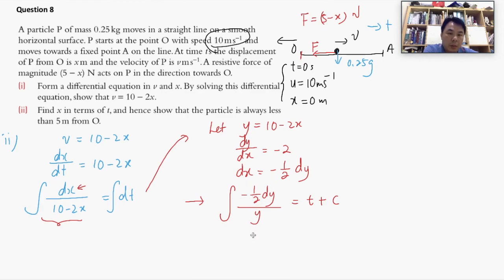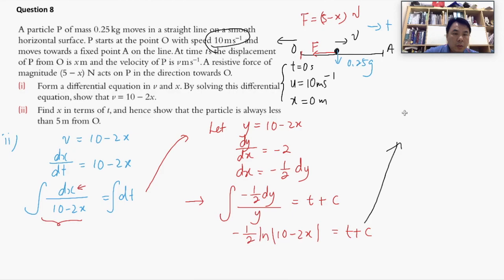And then from here we have negative half ln y. Yes, but what is y? y is 10 minus 2x, equal to t plus c. Okay, as usual, from here, we are going to obtain the c.